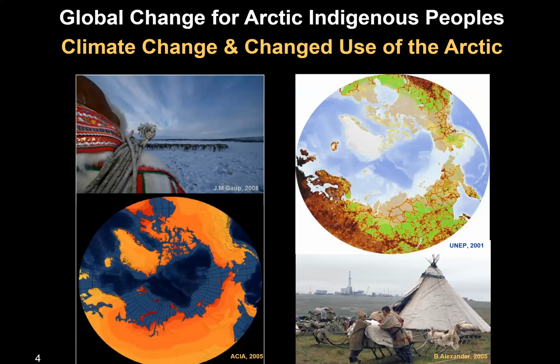Sadly, that is not the picture that we see, perhaps especially on an aggregated level in Scandinavia. It is particularly concerning. In this region, we've lost 30% of the pasture land in 50 years, and an additional 25% is so heavily impacted that it's barely usable for reindeer pastures anymore.